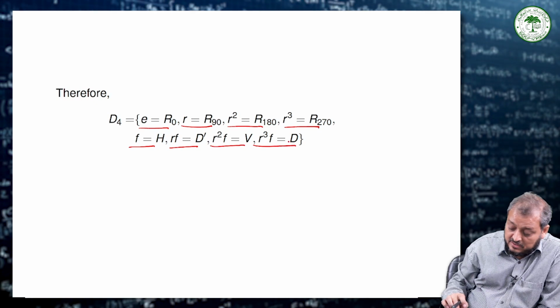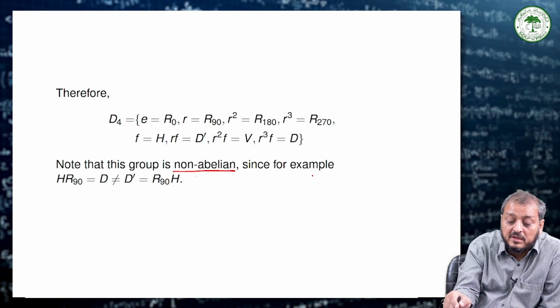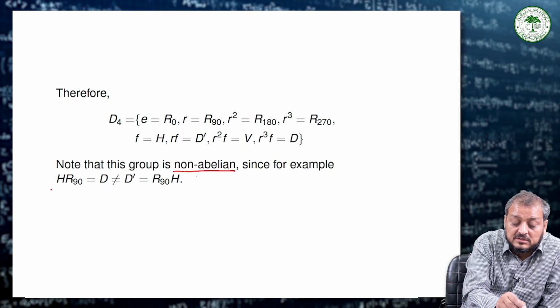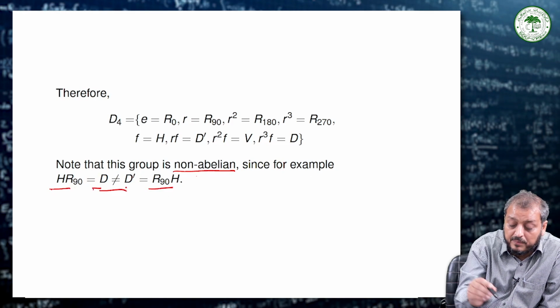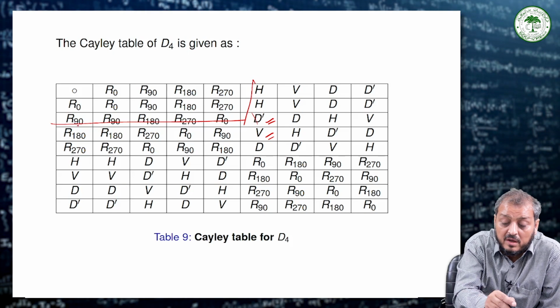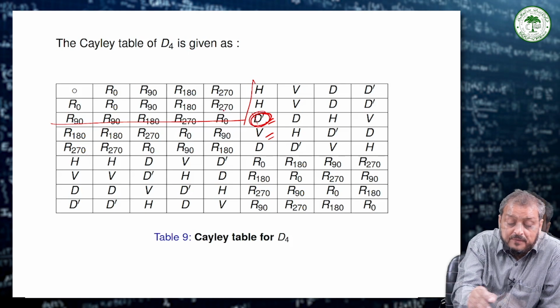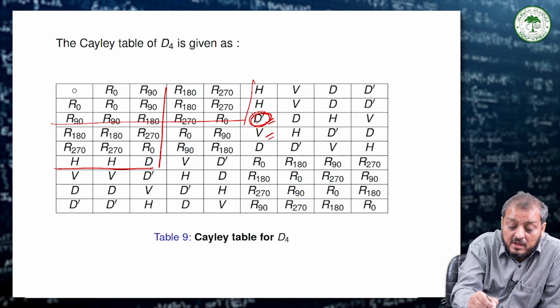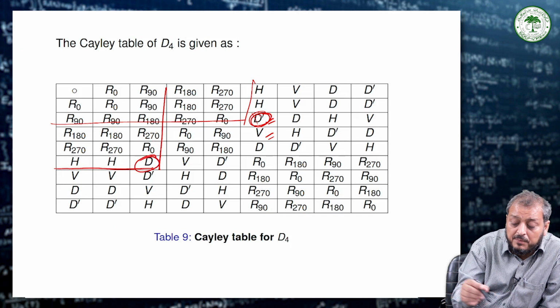So I write it in this form, and now note that this group is non-abelian, since H then R 90 is equal to D, and R 90 then H is equal to D prime. Just see: H is equal to D, then H into R 90 gives D, but in this case it is equal to D prime.